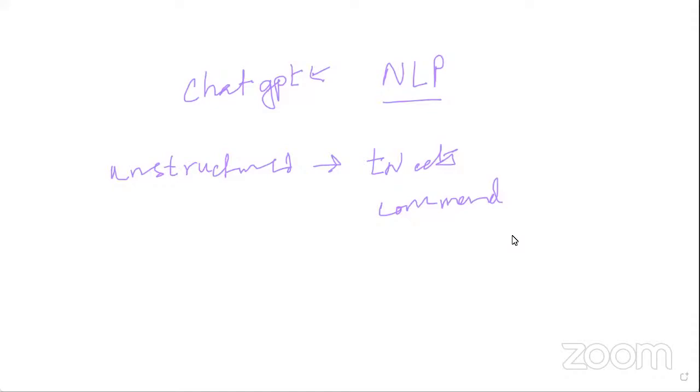Something which is in row and column, that you can take as a structure, which you can represent. And something which you cannot represent in form of rows and columns, you take that particular set of data as unstructured data. So tweets are unstructured data. Different comments that you get in Facebook, those are unstructured data.